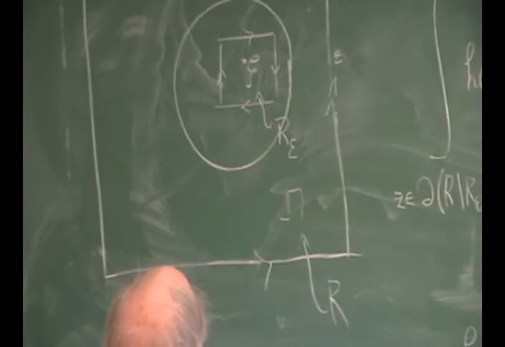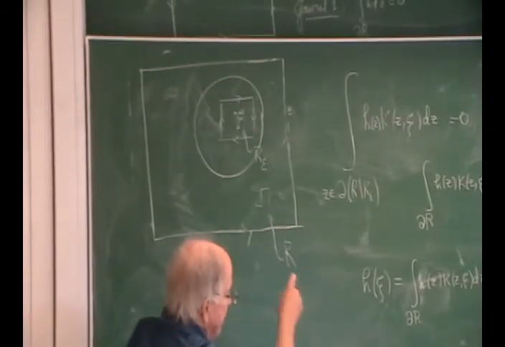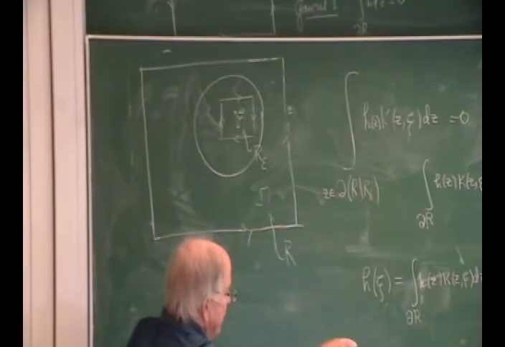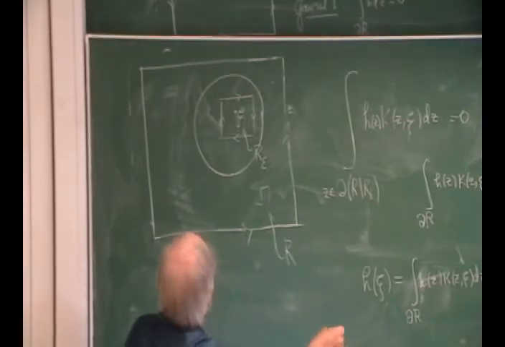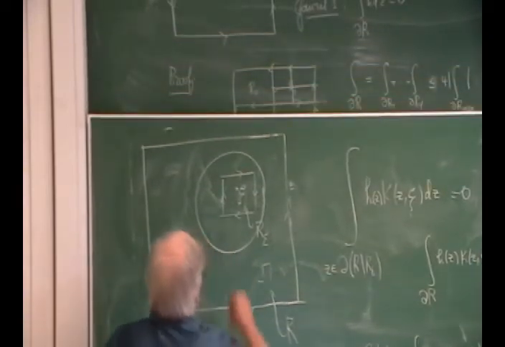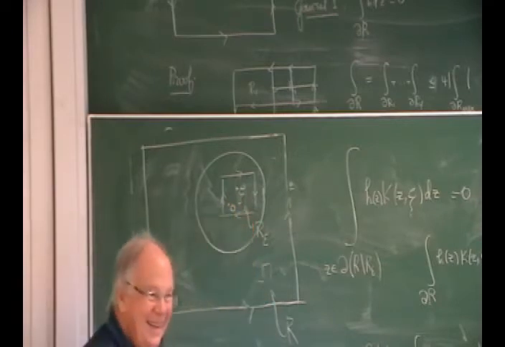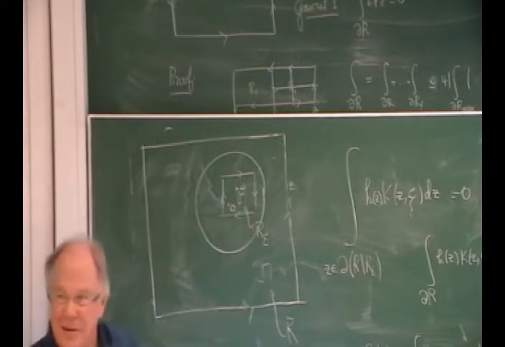What do I need? I want a convergent power series. So zeta is inside some circle and z is outside that circle. Okay, I'm going to put a 0 here. Now it's correct.